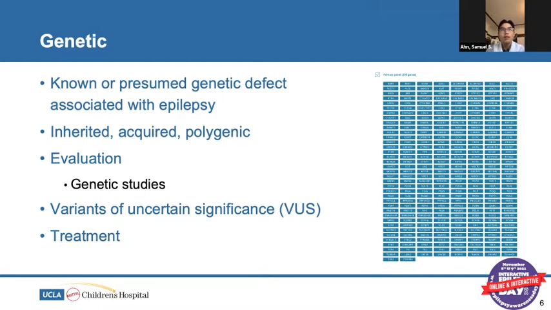But there are also acquired causes of genetic epilepsies. And this occurs when a patient or a child has acquired a defective gene product. This can be a result of cells dividing as a baby is growing within the mother.